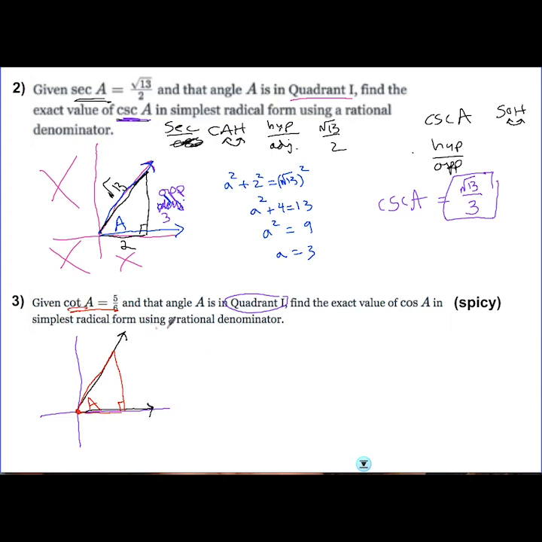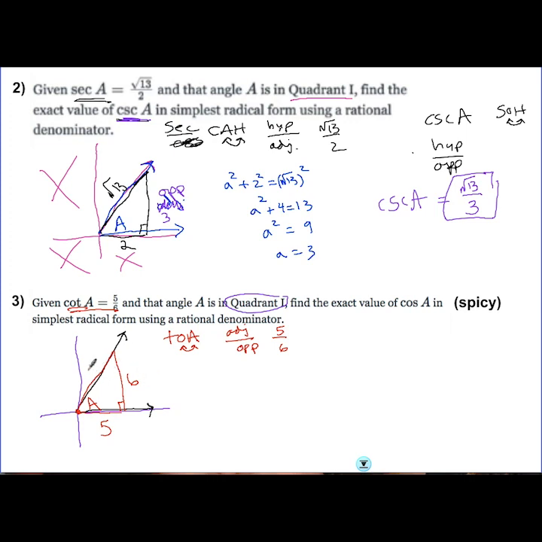Here's what that tells us. Cotangent and tangent are reciprocals. And tangent is the opposite over adjacent, so that means cotangent is adjacent over the opposite. That's what cotangent is. So if they say cotangent is 5 over 6, then I know the adjacent side is 5 and the opposite side is 6, just like this.